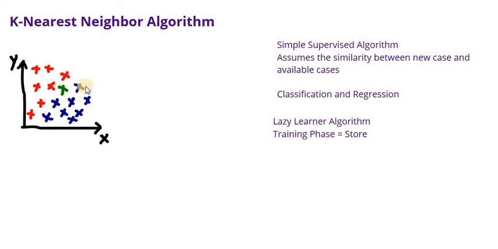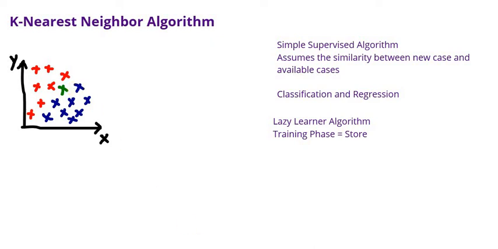This green one is the new data which I am adding to the already existing data set. The k nearest neighbor algorithm needs to analyze this green data and fit it into the category which is most similar to it.